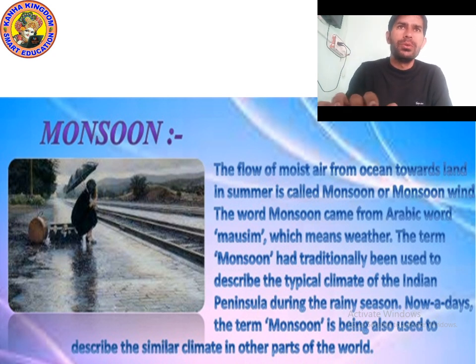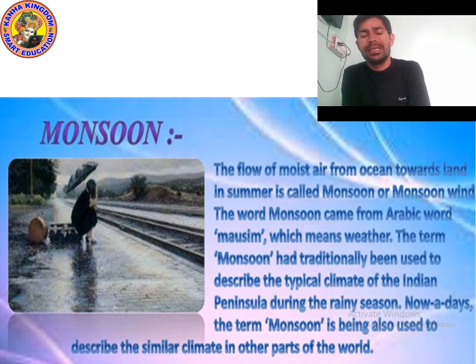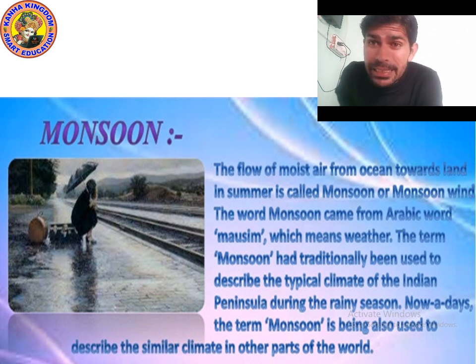Okay, kids. So now let's study about monsoon. You know that there are different seasons in India: winter, summer, and monsoon. Monsoon means rainy season. And you know spring season.